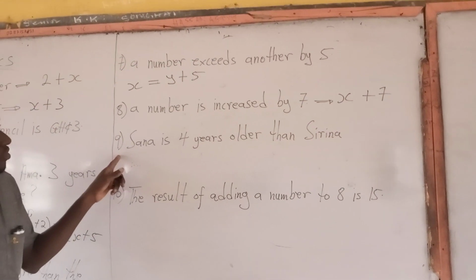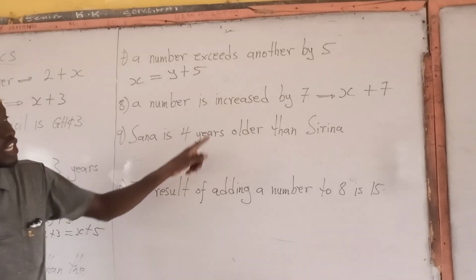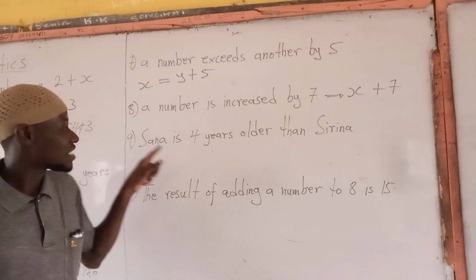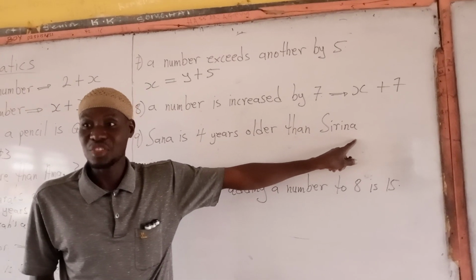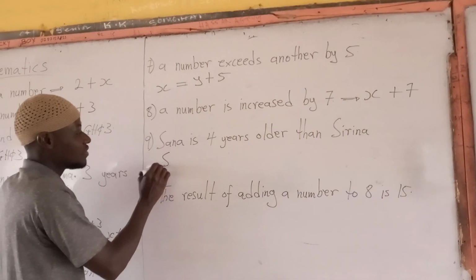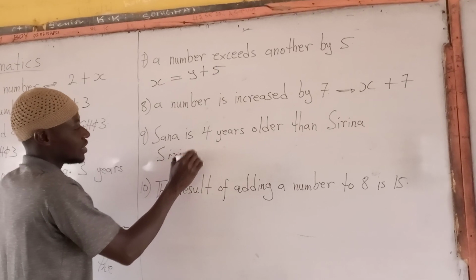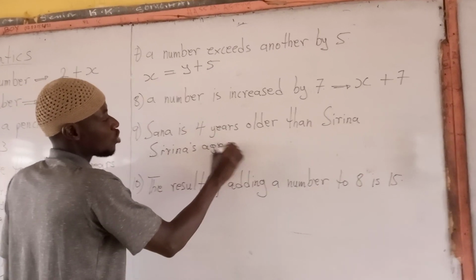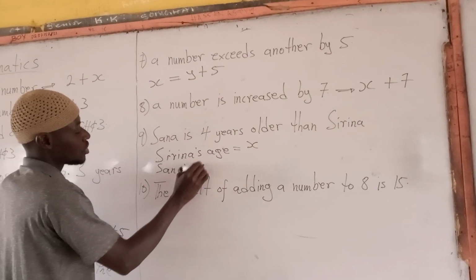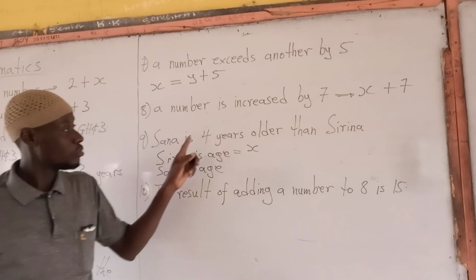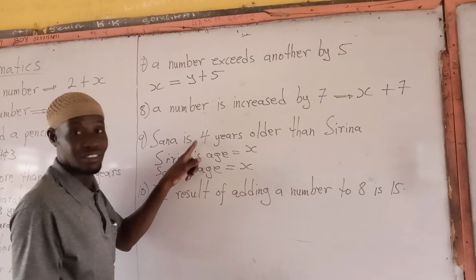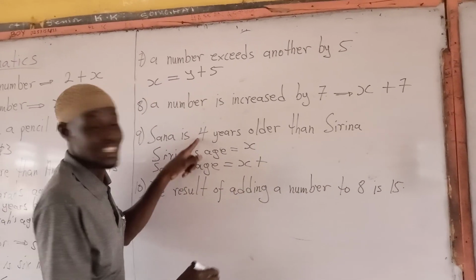Now the ninth one says Sana is 4 years older than Serena. Here too, Sana's age depends on Serena's age. So first of all, find the age of Serena, which you don't know, and represent it with a variable. If Serena's age is equal to x, then Sana's age, which is 4 years older than Serena's age, will be x plus 4.